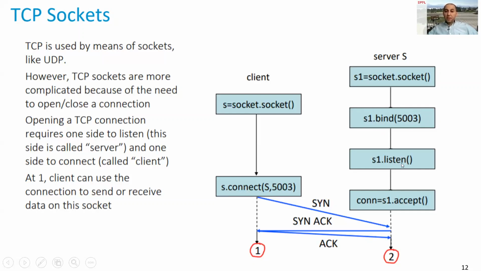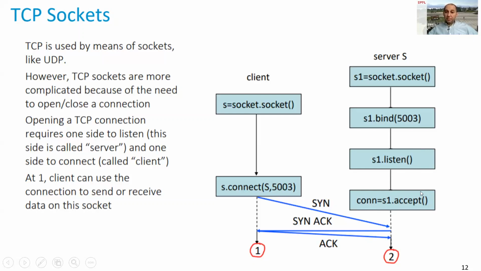The listen function is not called with UDP, it's called only with TCP. Why? Listen will create a queue for incoming requests to connect. And then after the listen, after creating this queue for incoming requests to connect, we can start listening for incoming sockets that need to communicate with the server. And this is the role of accept.